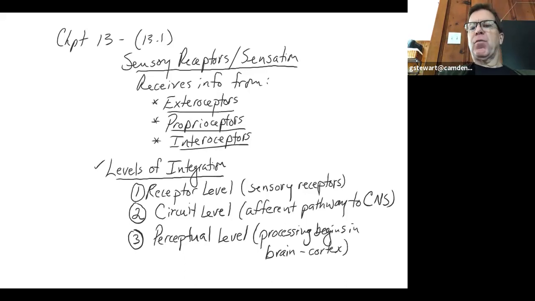So this is the pathway. These are the levels of integration. We go from finger on a hot stove, that stimulates sensory receptors in your finger enough to fire action potentials. Those use this pathway to get to the central nervous system. And then once those signals, those action potentials reach their destination in the brain, your brain senses heat. That's what's going on at the perceptual level. Okay.